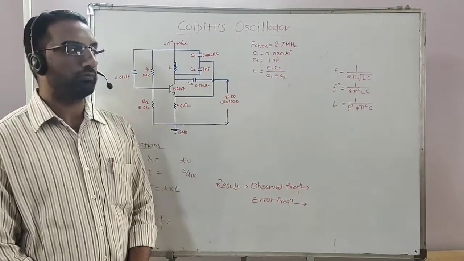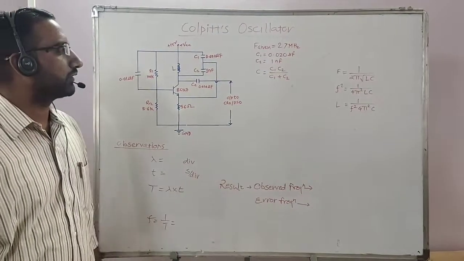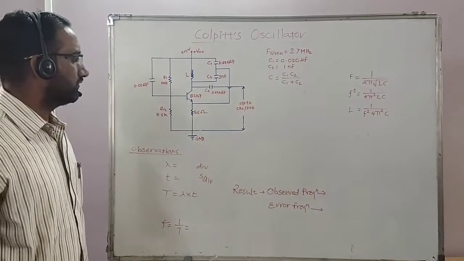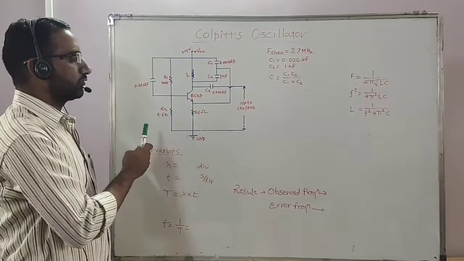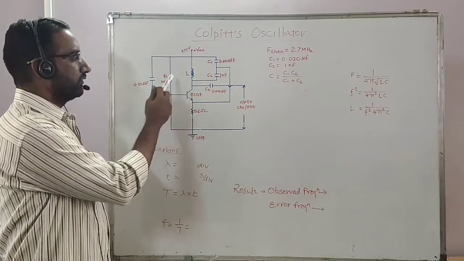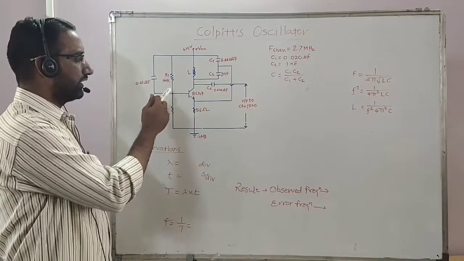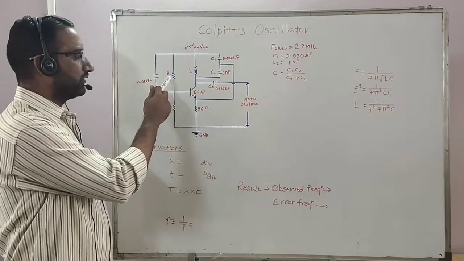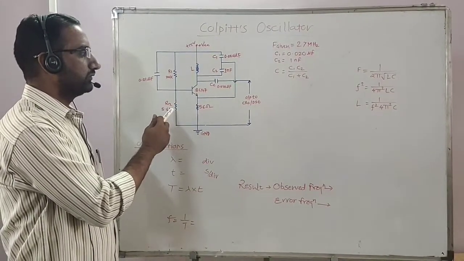Now we are going to perform this experiment, Colpitt's oscillator. This is the actual circuit of Colpitt's oscillator, in which we are using one transistor and two resistors, R1 and R2. The value of R1 is greater than the value of R2.